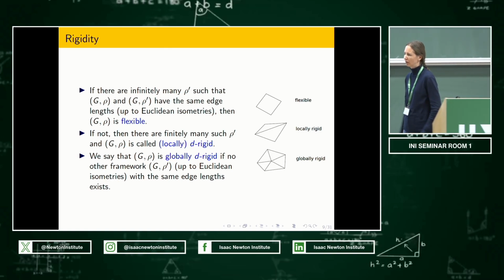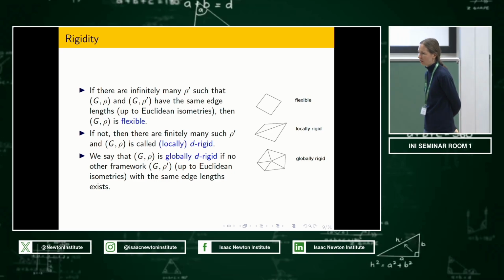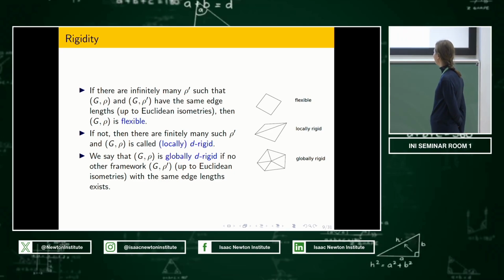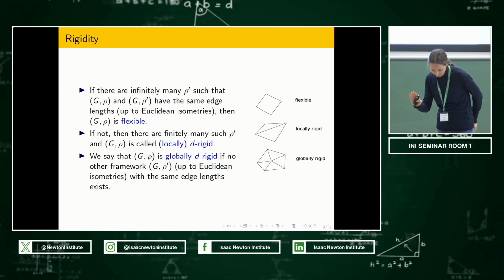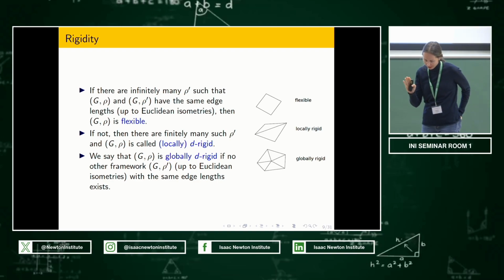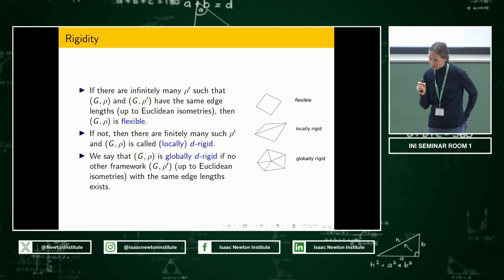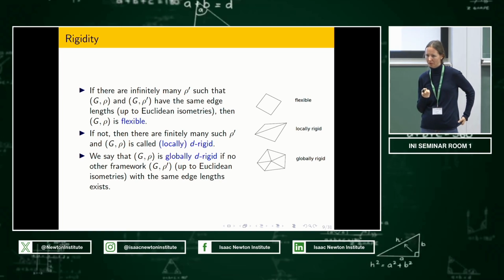Is it true that every graph is flexible for d sufficiently large? I might be wrong about the rigidity theory questions, but complete graphs, I think, are rigid no matter what d you use. I mean, you take a triangle in the plane.